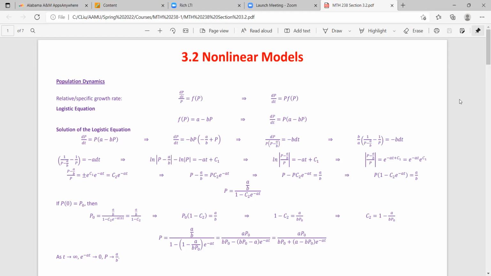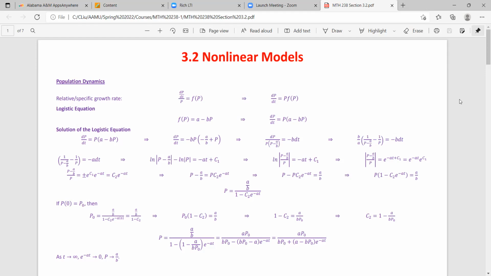So it just has the negative effect for the growth of population, and it's proportional to P itself, okay, in this logistic equation for the second part. So then we get the differential equation dP over dt equals P times (a minus bP). Okay, so this time we're trying to solve a nonlinear differential equation.